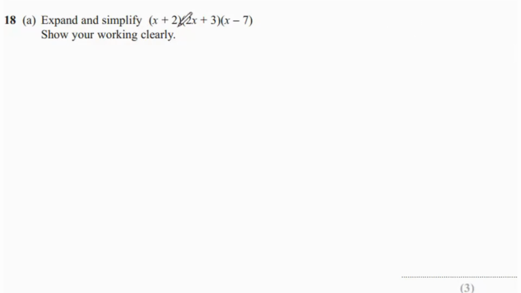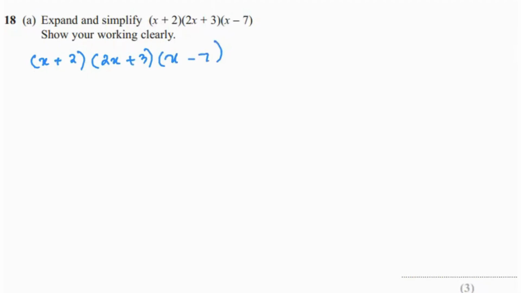Expand and simplify x plus 2 times 2x plus 3 times x minus 7. Show your working clearly. So this is an expansion of a triple bracket. When you have a triple bracket, you can begin with the expansion of the first two brackets and then multiply the result with the third bracket.